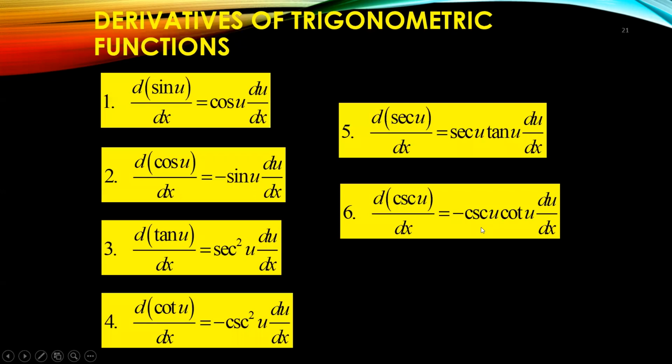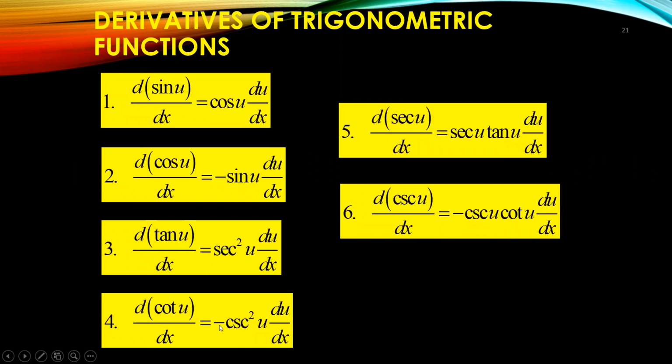Now, let's go to the last topic for today, the derivatives of the trigonometric functions. So the derivative of sine of u, take note that u is a function of x. The derivative of sine is cosine u du over dx. The derivative of cosine is negative sine u du over dx. Tangent is secant squared u du over dx.